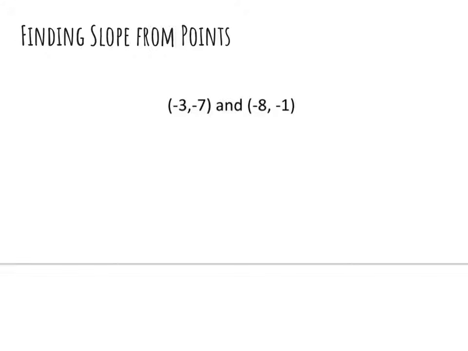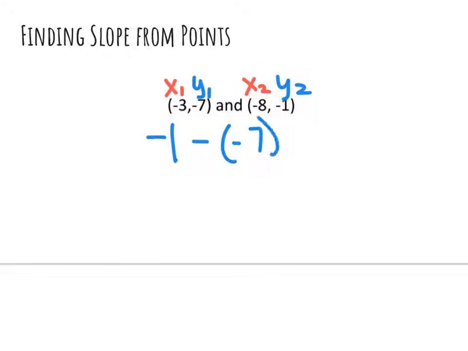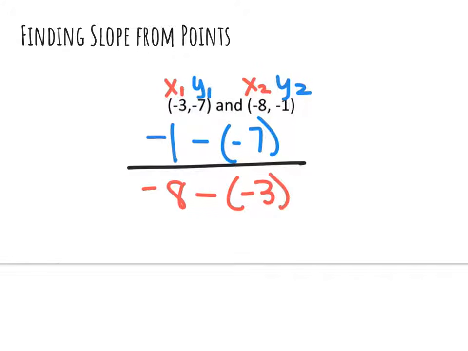Another set of points to find slope from. I'm going to go ahead and label them x1, y1, x2, y2, and find my slope. Negative 1 minus a negative 7 over negative 8 minus a negative 3.